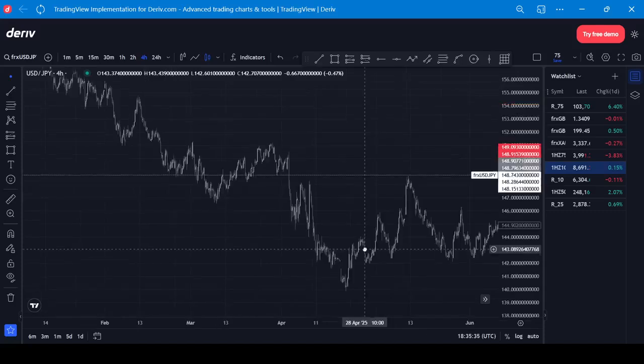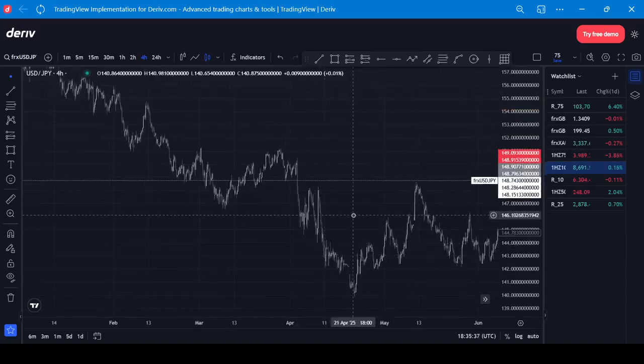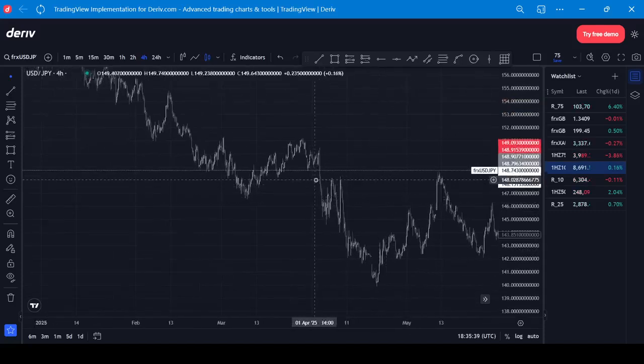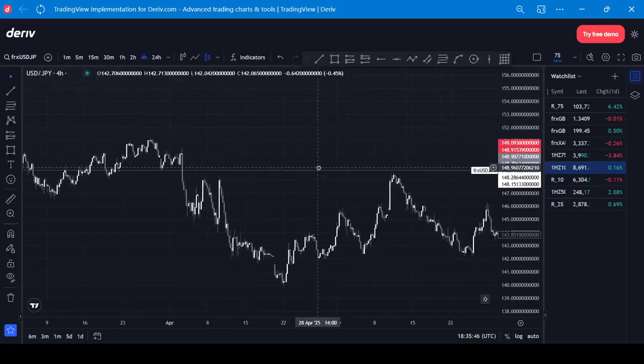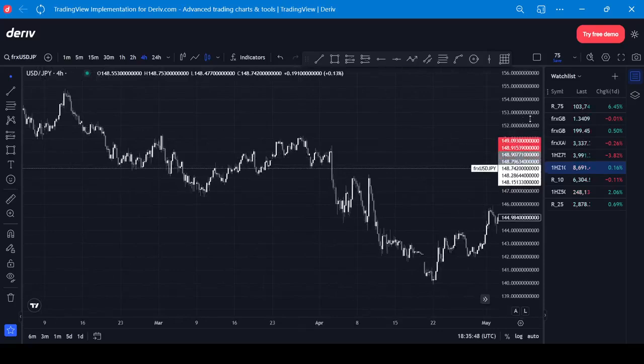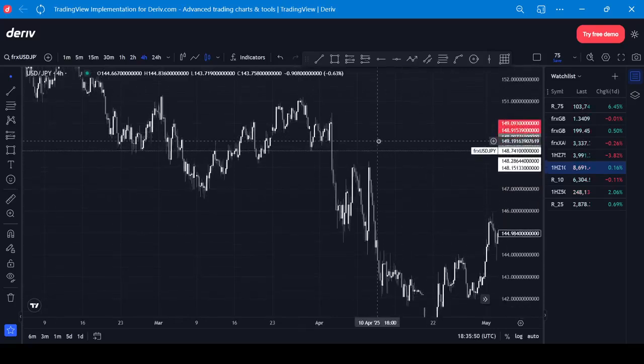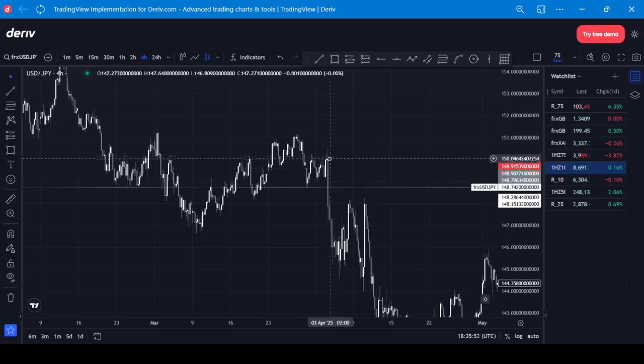How do you spot supply and demand? You spot supply and demand after an impulsive move. Don't forget, the higher the supply, the lower the price. So anywhere you see price impulsively go down, it's telling you that the initial place the price came from was a place of supply.